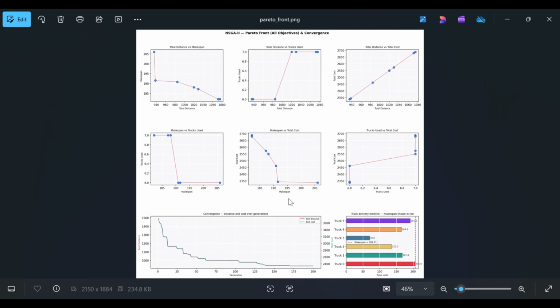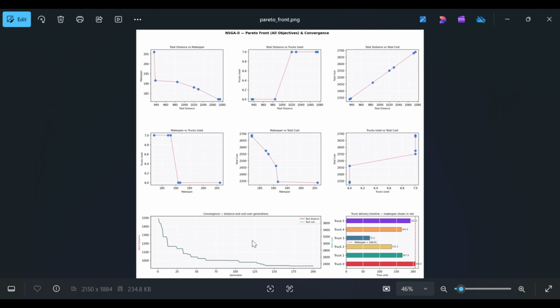The graph at the bottom left shows how the algorithm improved over 200 generations. You can see the distance and cost both dropping. Most of the improvements happened in the first 100 generations. Then it slowed down. The chart on the bottom right shows each truck as a colored horizontal bar.